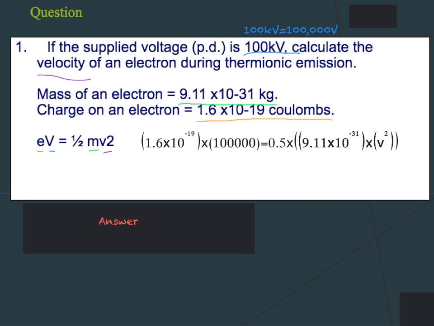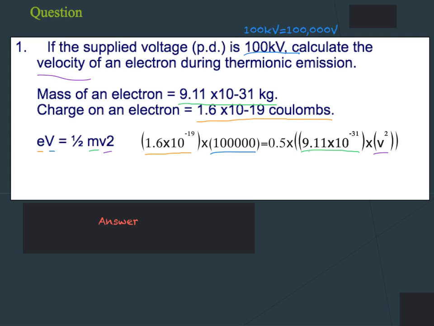So we have 1.6 times 10 to the minus 19, our charge, times our 100,000 volts, which is our voltage, which is equal to 0.5 times 9.11 times 10 to the minus 31, which is our mass, and then finally we have our V squared, our unknown velocity.